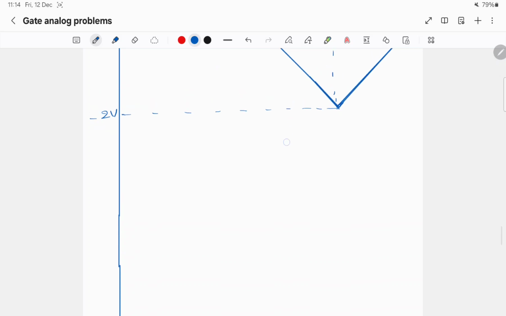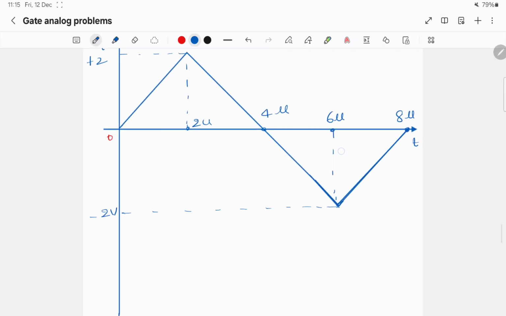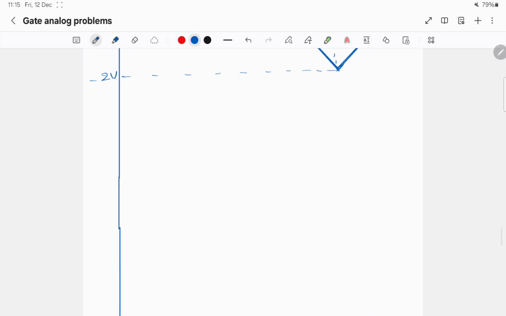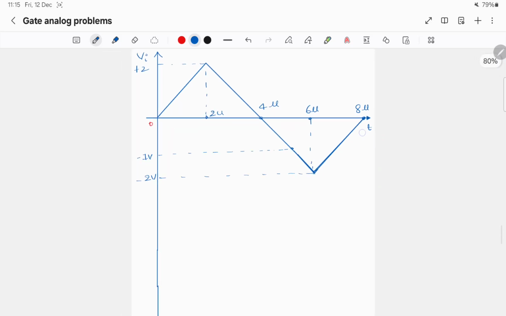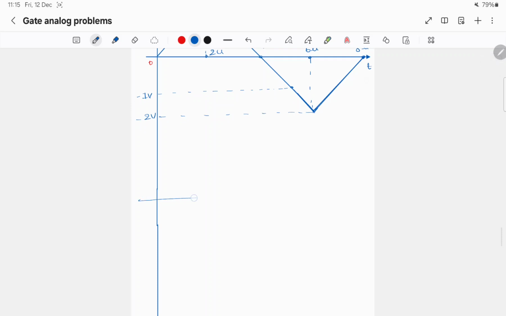So we can see in the graph, when Vi crosses minus 1 volt, the output will go from positive Vsat to negative Vsat.